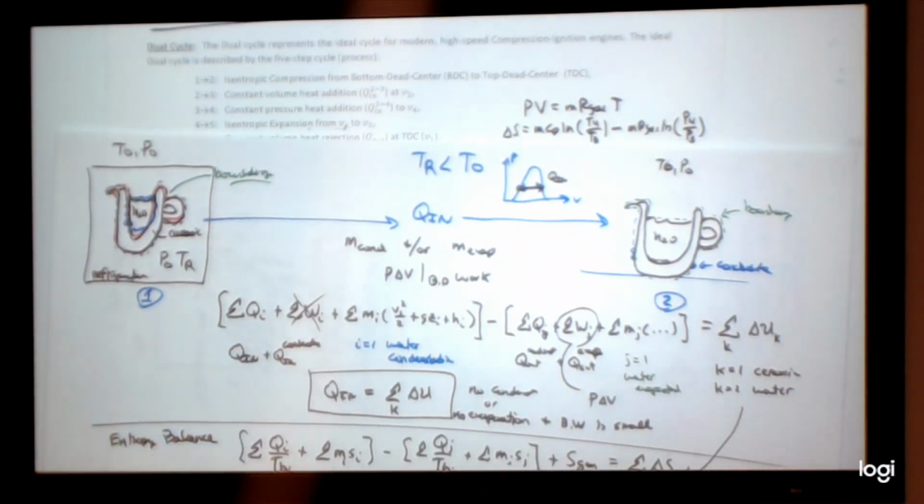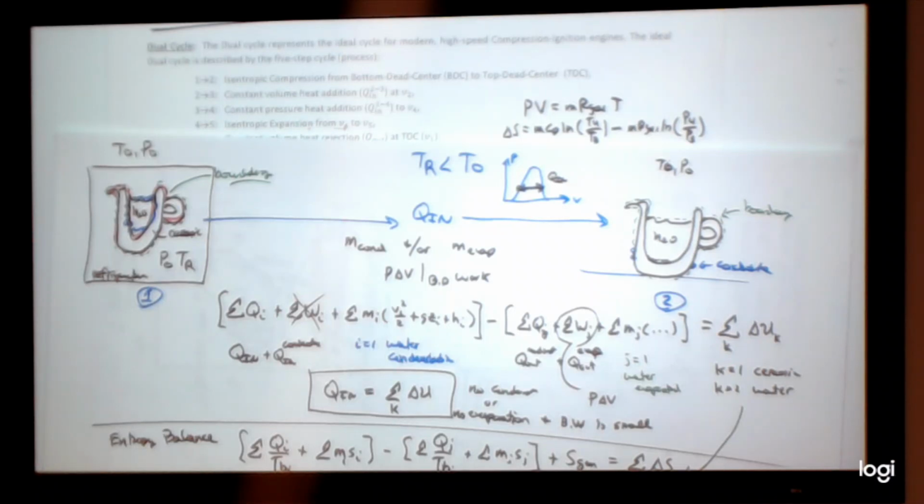What is the units of Q in? Kilojoules? Joules, kilojoules, megajoules, picojoules. Joules, right? If I divide this whole equation by mass, I can rewrite this as a small q, joules per kilogram, in terms of heat.